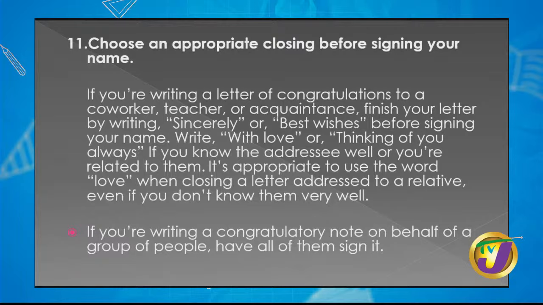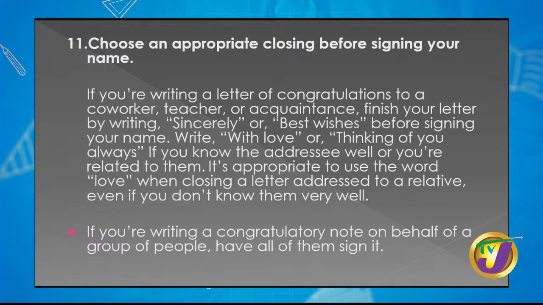Write with love or thinking of you always if you know the addressee well or you're related to them. It's appropriate to use the word love when closing a letter addressed to a relative, even if you don't know them very well. So closing your letter of congratulations is different when it is formal and when it is informal.